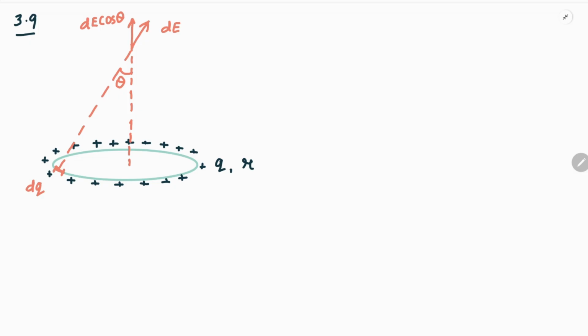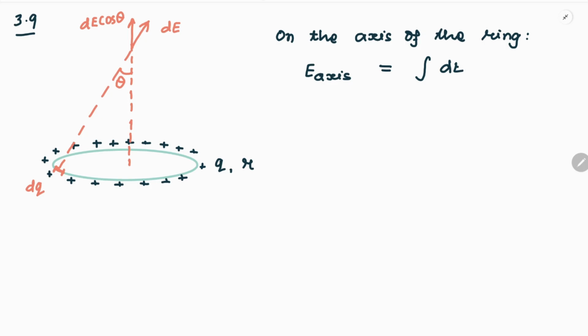So we consider that on the axis of the ring, we say electric field on the axis of the ring is equal to the contribution due to dE cos theta, integrated.